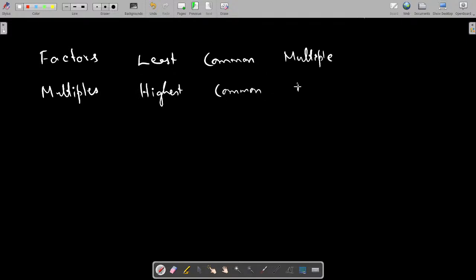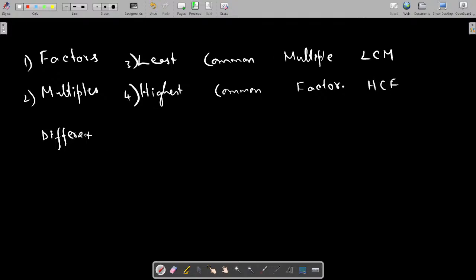And also we had a Kuti story, the mother-daughter story. So one is factor, two multiple, third least common multiple, that is LCM in short, fourth highest common factor, that is HCF in short, and we were differentiating factor and multiple with the help of the Kuti story, right?